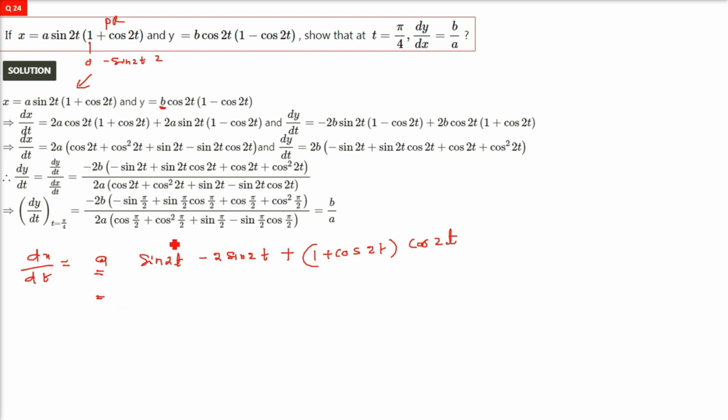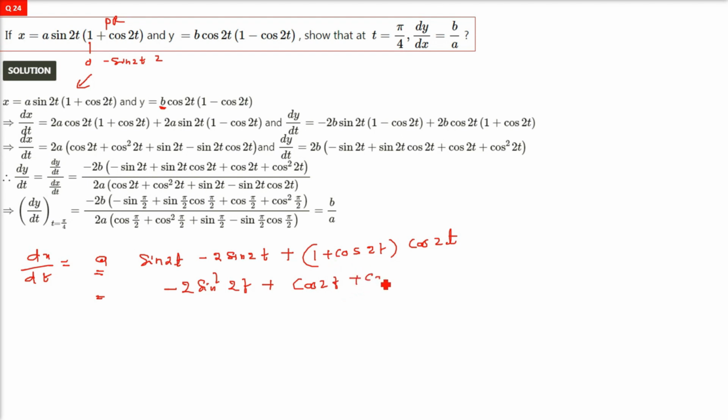And this is minus 2 sin square 2t. Okay, minus 2 sin square 2t. And then we have inside this plus cos 2t. I am multiplying cos 2t with 1 plus cos 2t. So we will get cos 2t plus cos square 2t.